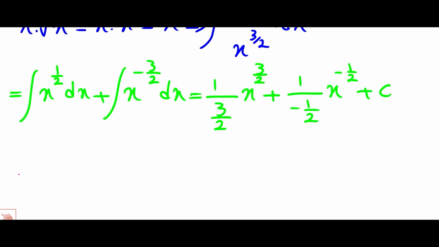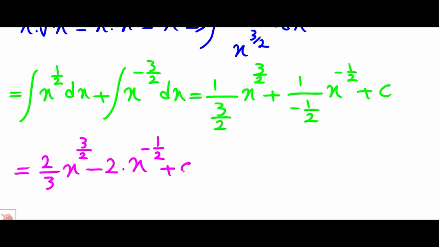So we have 1 over 3 over 2 equals 2 over 3, x to the power of 3 over 2, minus 1 over 1/2 equals 2. And we have the negative sign, 2 times x to the power of negative 1/2, plus c.